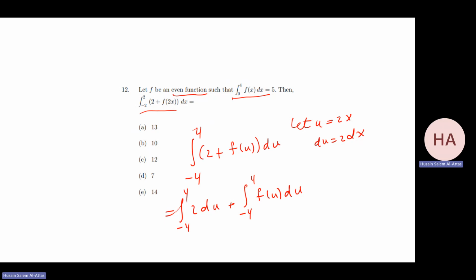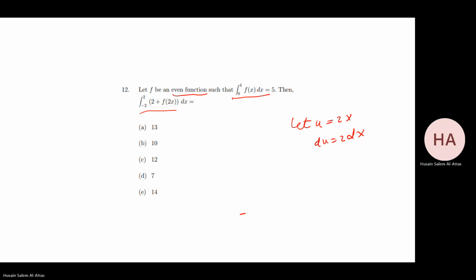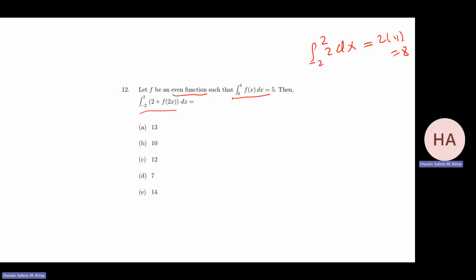Since it's even, no, wait a minute. No, let me do it this way. Be careful, be careful. Cannot do it this way. Yeah. I will take it from minus 2 to 2 dx. This is done. It's 2 times 4, which is 8. Plus, done. So I'm concerned with this one.